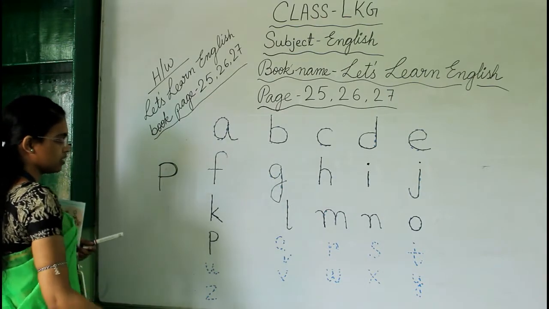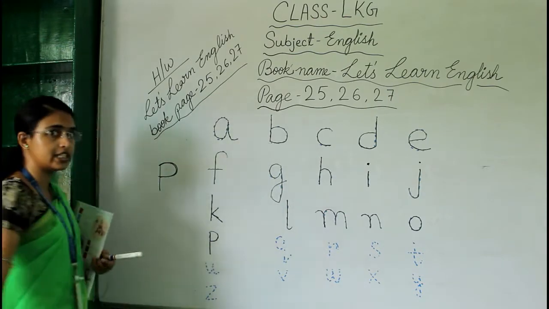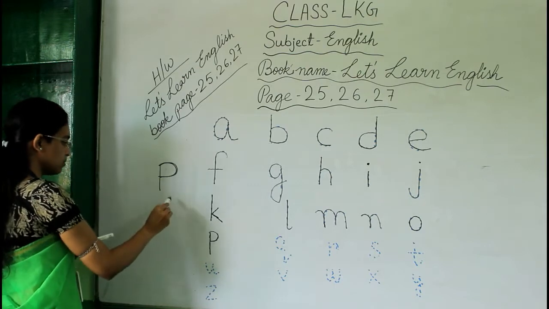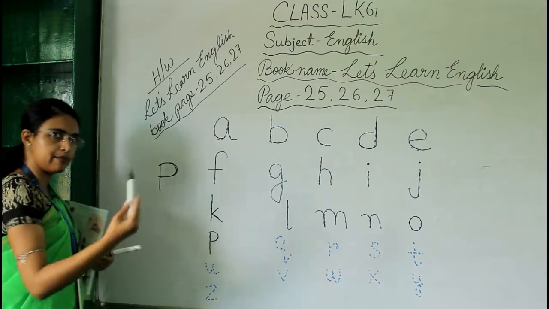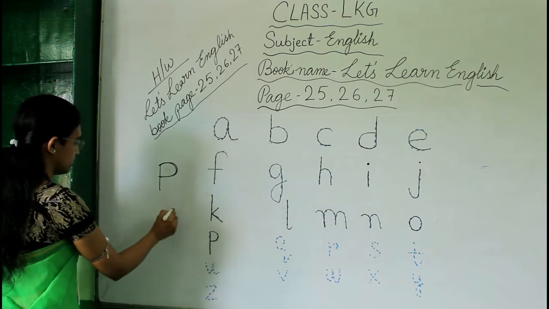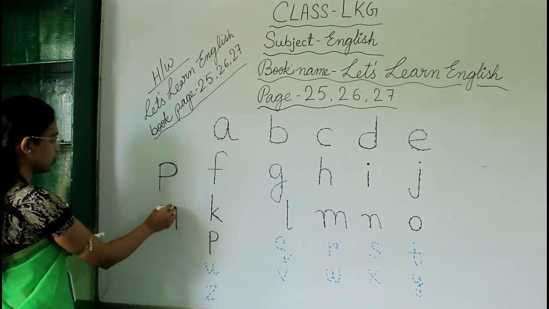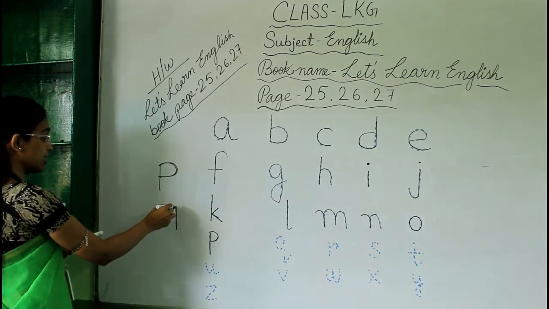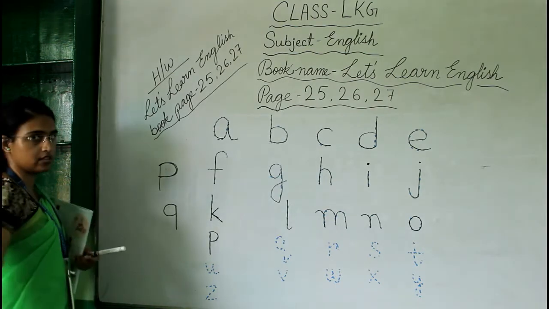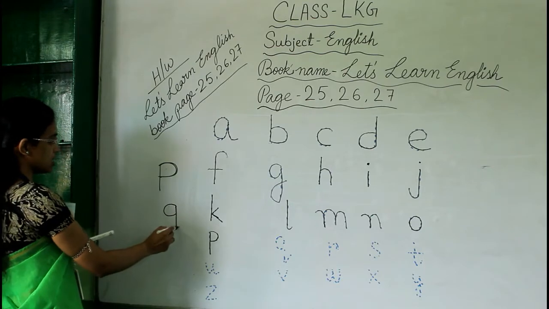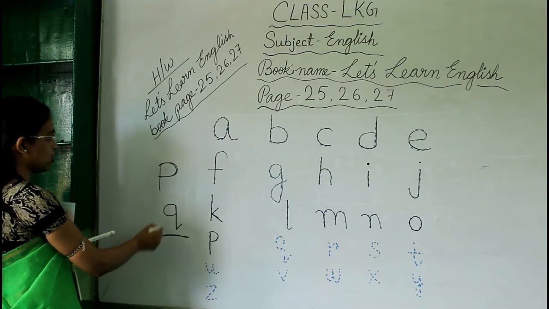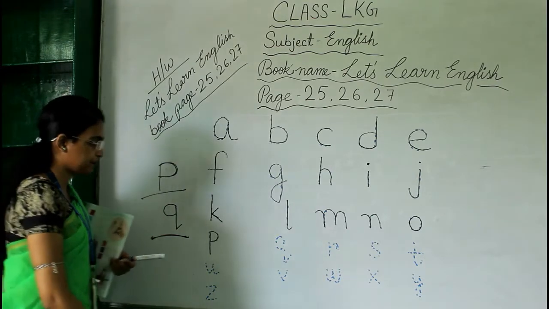But when you are writing small letter Q, you have to follow the same process, but there is a little change. First we have to draw a straight line, then we have to make a curved line on the left hand side like this. Okay, this is Q, small letter Q, and this is small letter P.